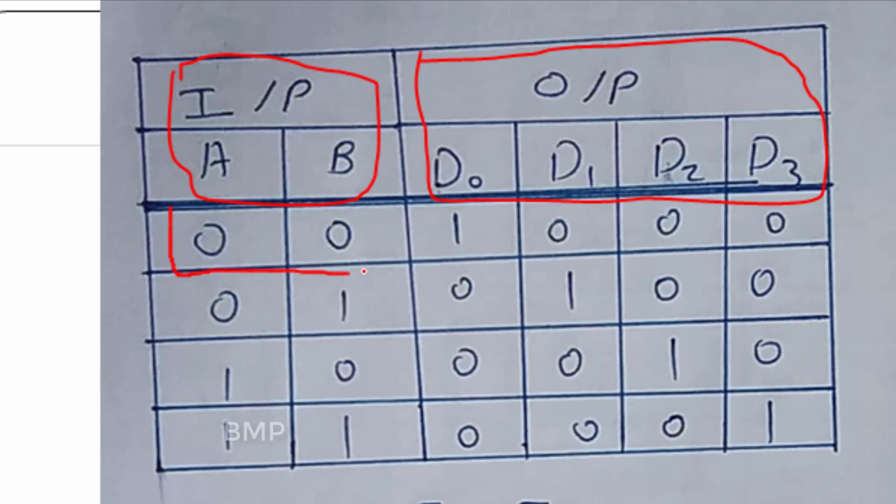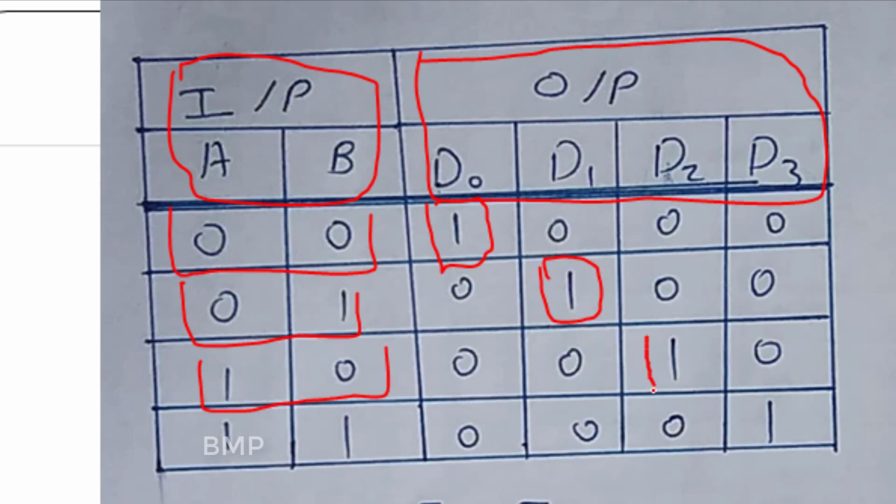When input is 0, 0, we will get D0 as an output. When input is 0, 1, we will get D1 as an output. When input is 1, 0, then we will get D2 as an output.